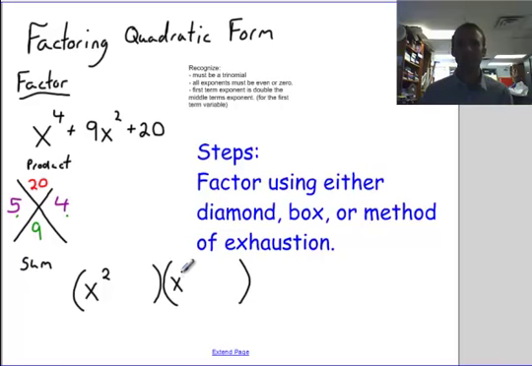I get x squared because x squared times x squared is x to the fourth. So we only have positive signs. I'm going to keep my two positives, and I'm going to put in my two factors, 5 and 4. So therefore, this polynomial factors down to this. Okay, so I have this factored.